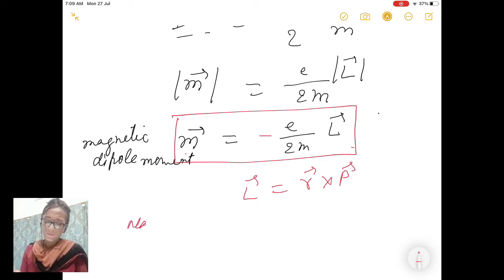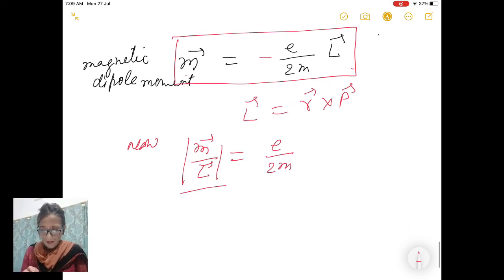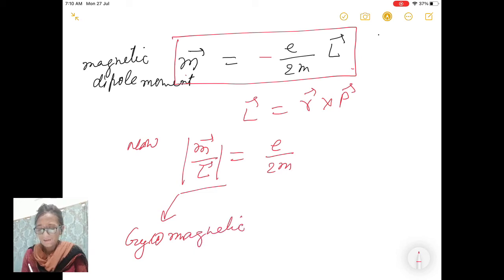Now magnetic dipole moment divided by angular momentum, the magnitude of it, is equal to e upon 2m, and this is called the gyromagnetic ratio. This ratio of magnetic dipole moment to angular momentum is called the gyromagnetic ratio, and you can find its value.